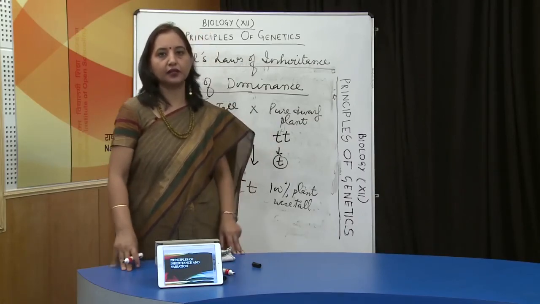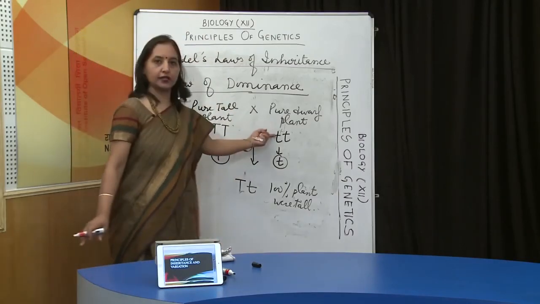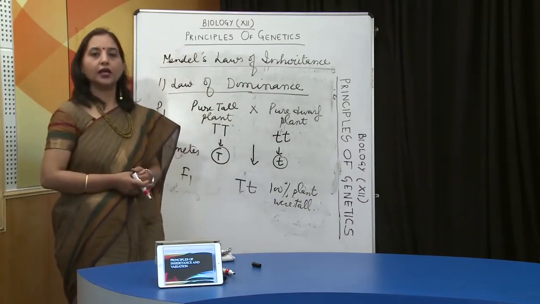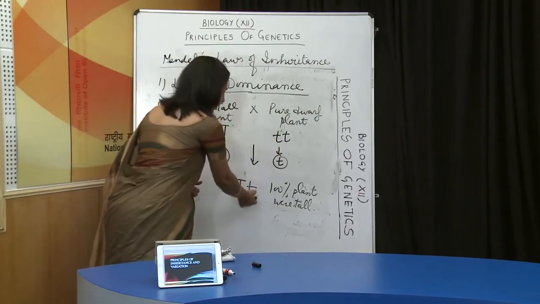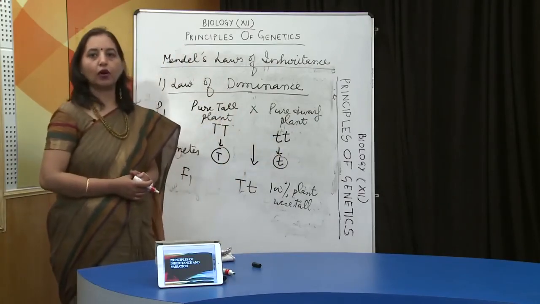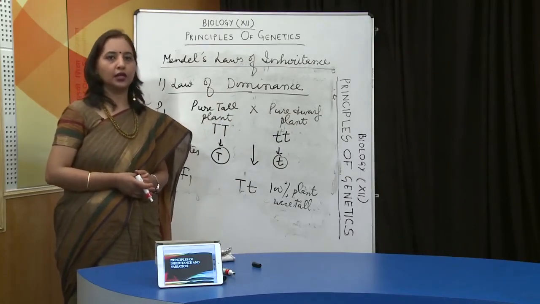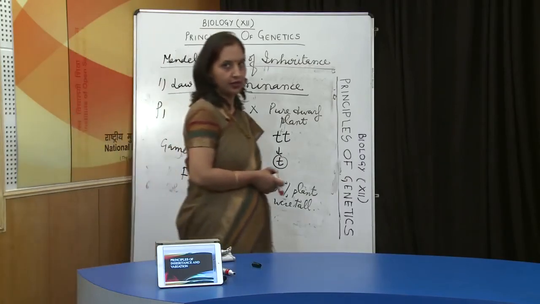We can define it in this manner. Out of 2 contrasting pairs of characters, only one appears in the first generation, and that is said to be dominating. The other one, which does not show in the first generation or which remains hidden or whose effect is masked, which is not expressed, that's called the recessive trait.